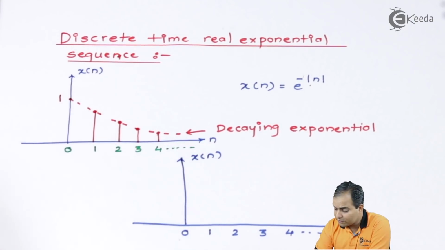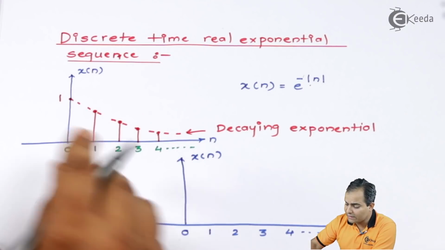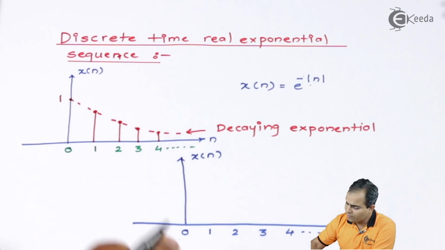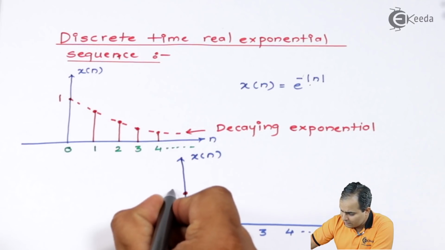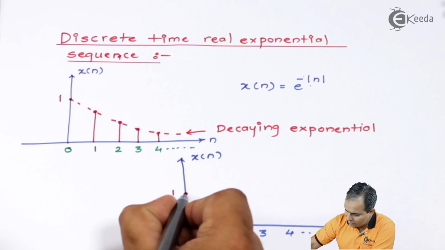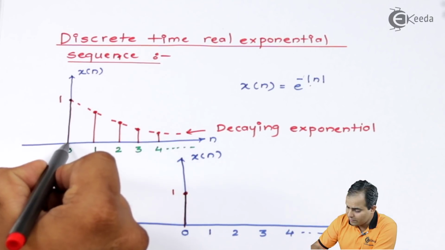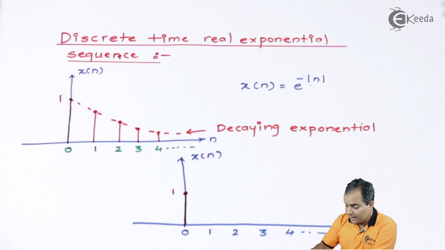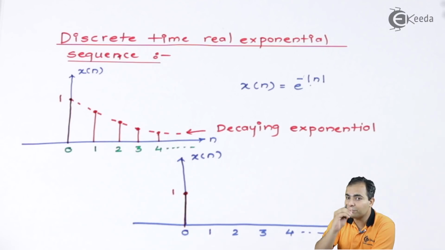Rising means your amplitude is increasing. At n equals 0, as I discussed, the amplitude is 1. Similarly for this 0 also, the amplitude is 1. I'll overwrite this so that you understand how to plot this graph. For n equals 1, the graph is rising, so the amplitude will go on increasing, but exponentially.